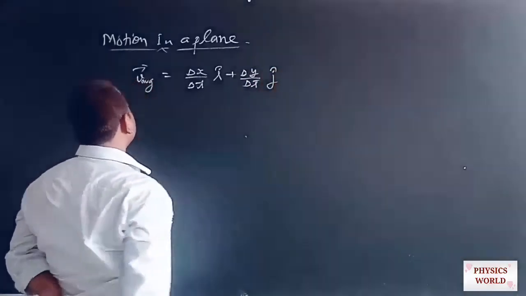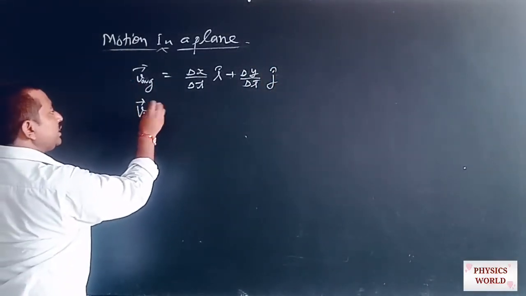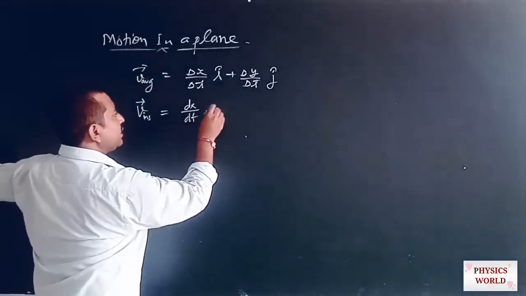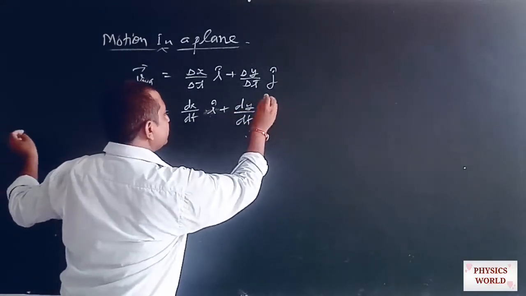This is the average velocity. But what is the instantaneous velocity? That is equal to dx by dt i cap plus dy by dt j cap.